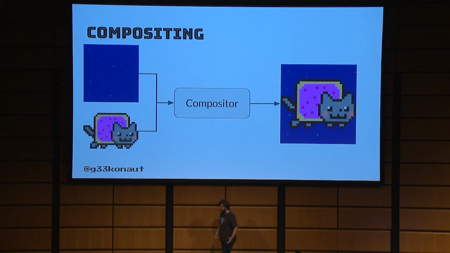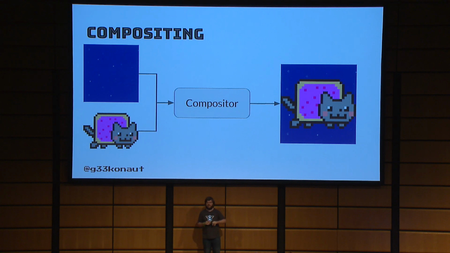So instead of drawing every pixel over and over and over again, what we do instead is we save one sprite or layer or image, which is the background, and we save the other one, which is the nyan cat. And then we go, okay, let's fill the screen with the background.